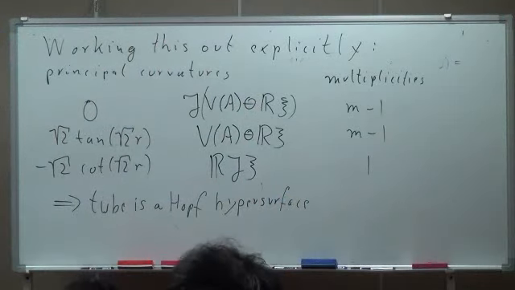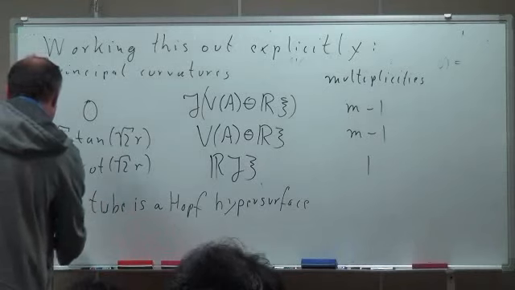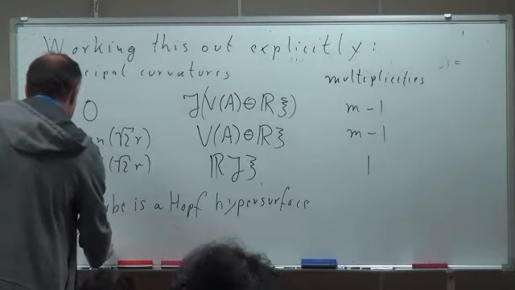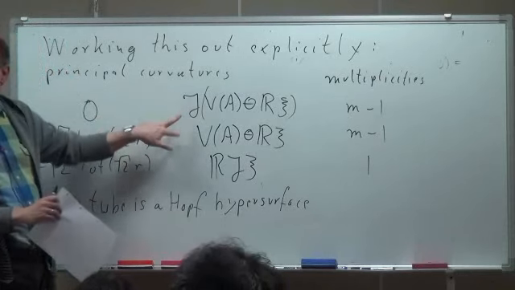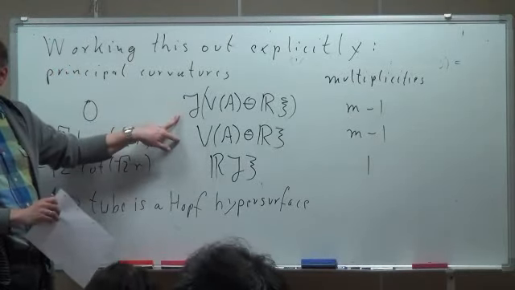And also what we see is J interchanges these 2 eigenspaces. Yeah, so they are real.